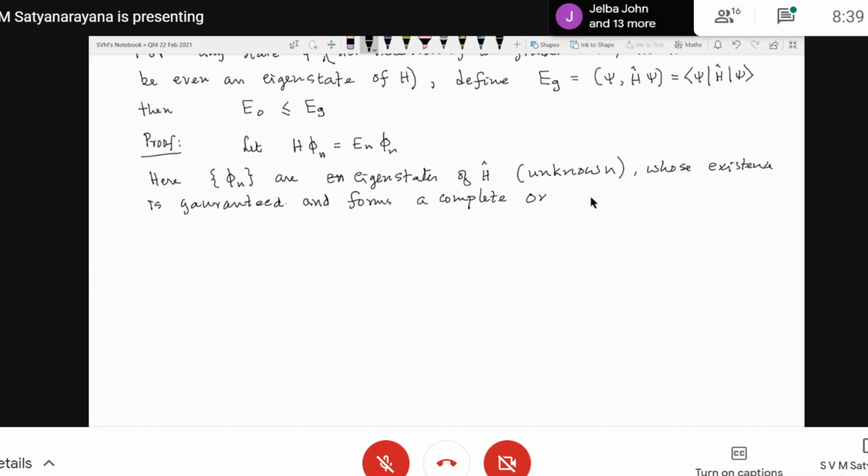where Cn is equal to the inner product of phi n with psi. Now that it is also complete and orthonormal, you can normalize this: the inner product of psi with psi equals 1 implies the sum over n of modulus Cn squared is equal to 1.